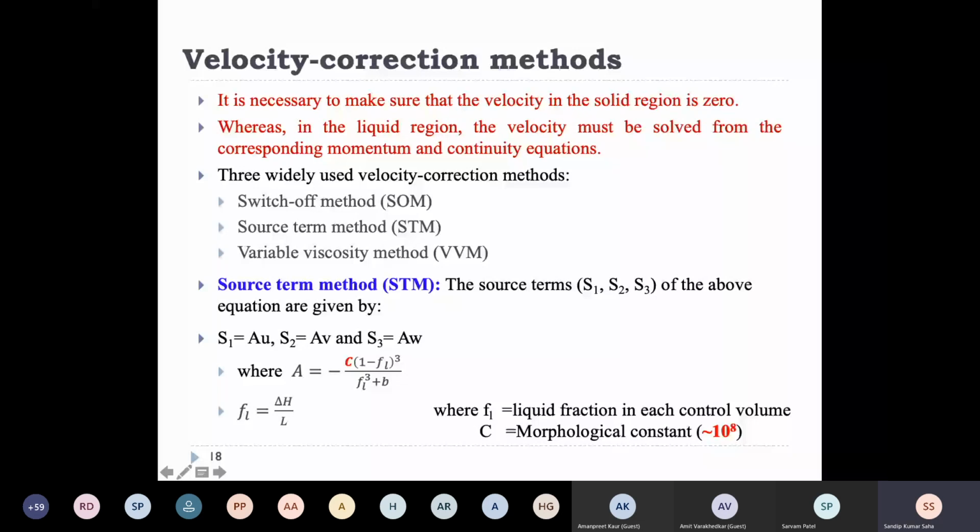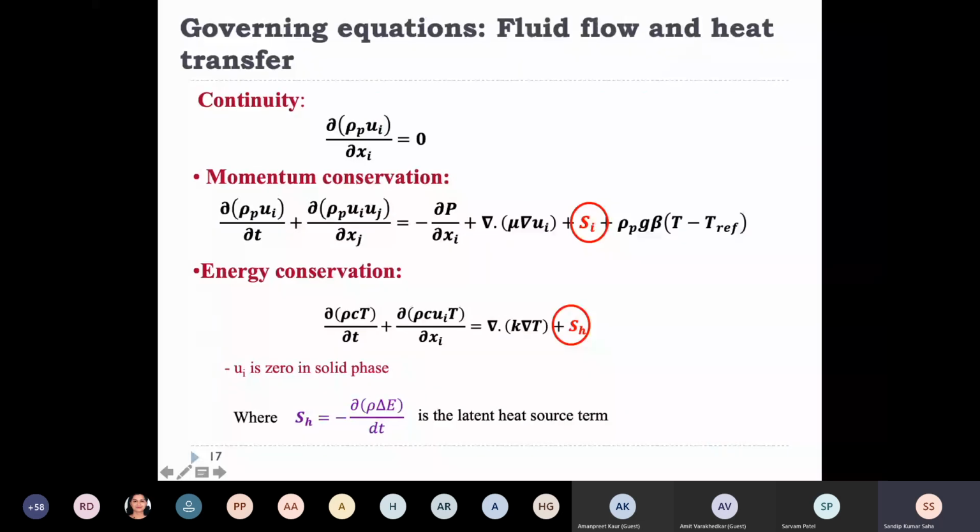If you substitute that value in Si and divide through, the whole momentum equation will vanish, because you are dividing the momentum equation by 1 by 10 to the power 11, which is more or less 0. That's how the switching function, sorry, the source term works. Now this is for the phase change material based case, where only the phase change material is kept in the container.